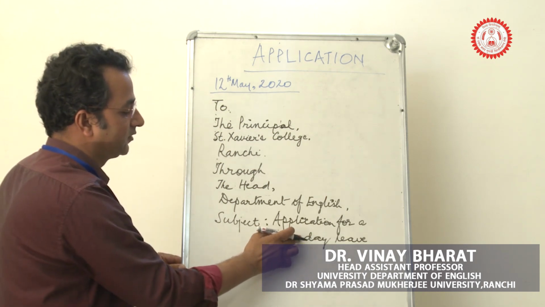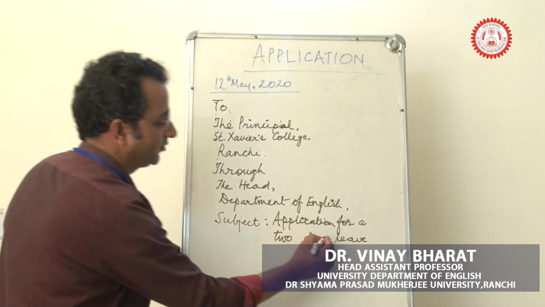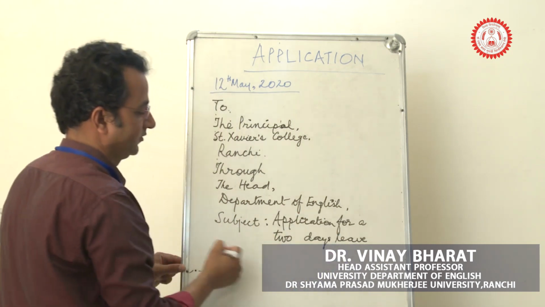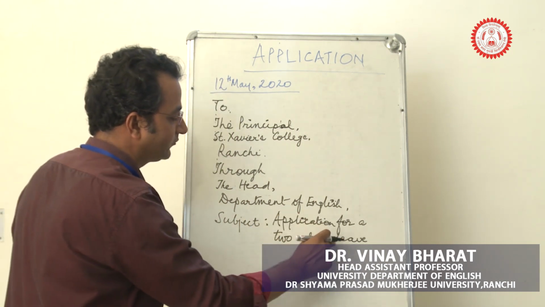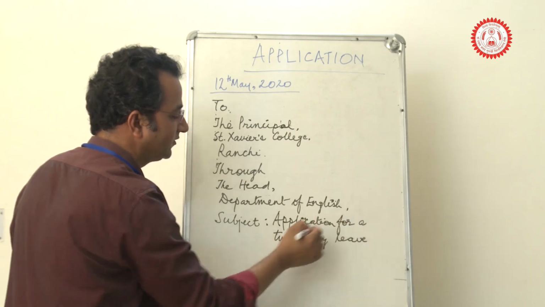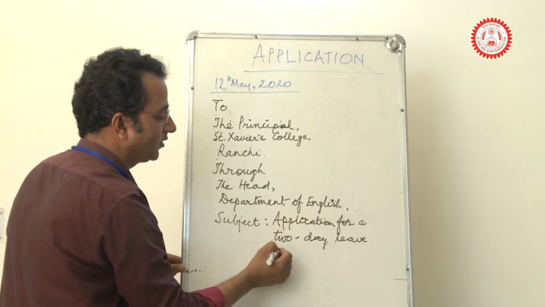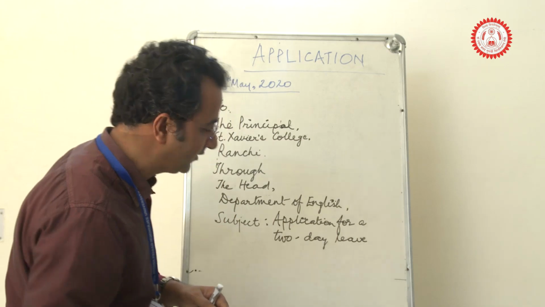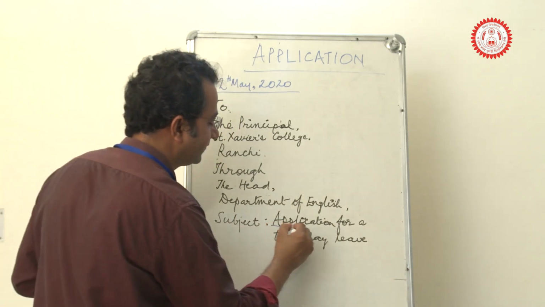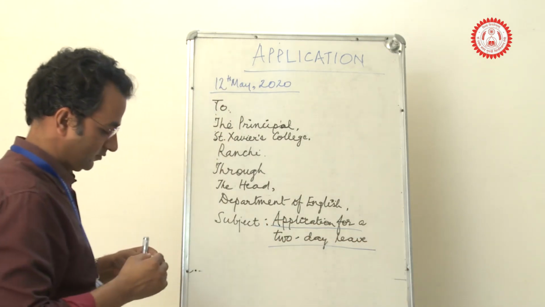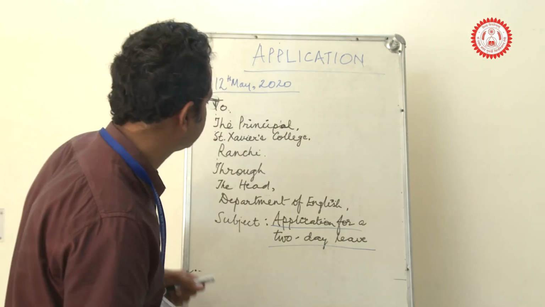If you omit the hyphen here, you have to write 2 days leave. But in this case, I prefer this since it is your application for a 2-day leave. Is it clear? So this should be very clear in your application. What is the subject?